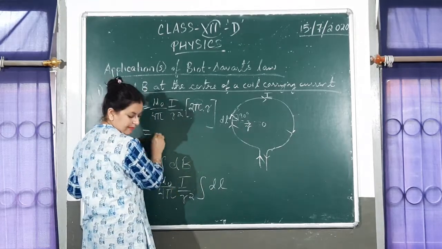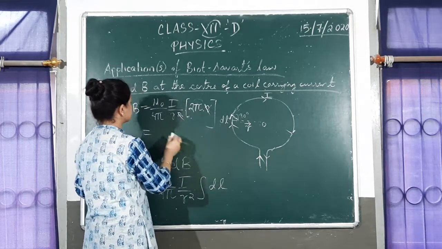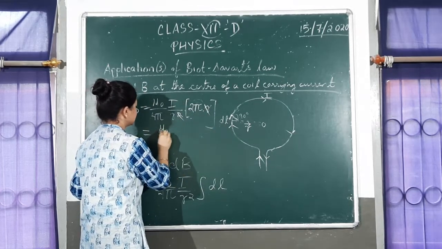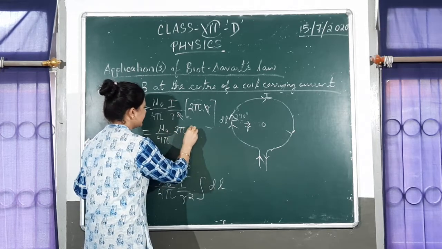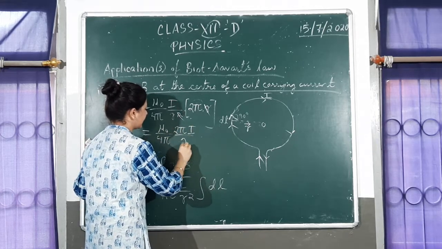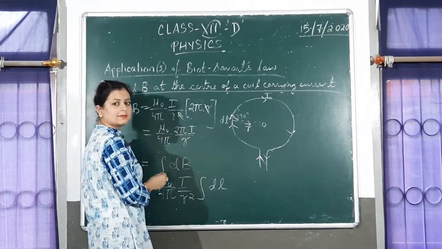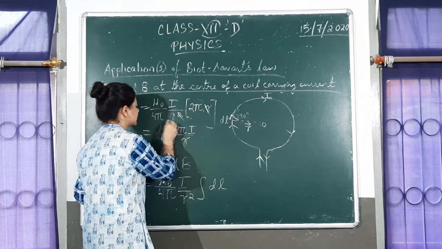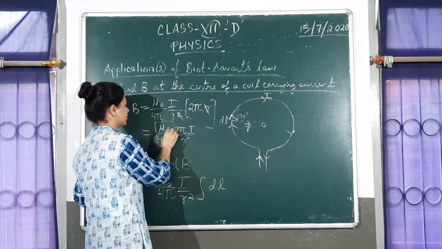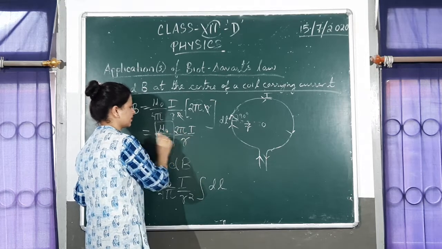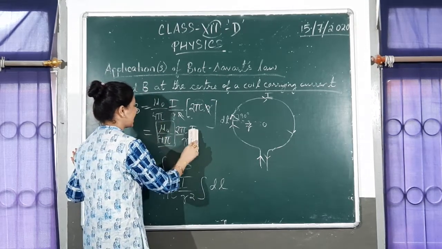So my final value, r can be cancelled, will be mu naught by 4 pi, 2 pi I divided by r. Here also these two terms can be cancelled, but I am not doing that because this constant has a particular value. If we cancel this, it will no more remain mu naught by 4 pi. That's why I am not cancelling this out. So writing it in definite terms, mu naught by 4 pi, 2 pi I by r.